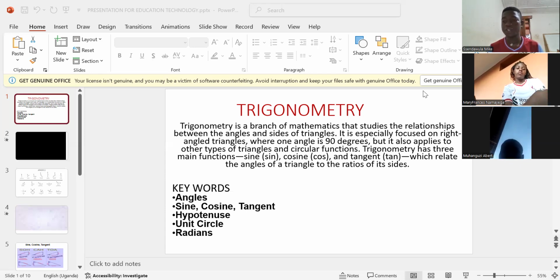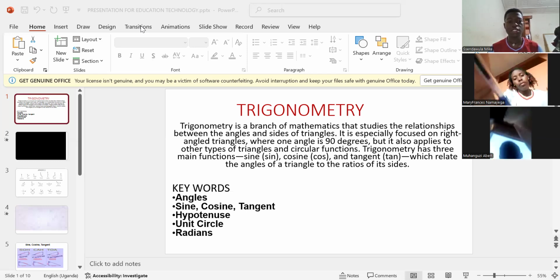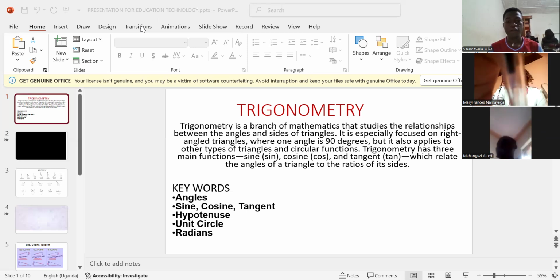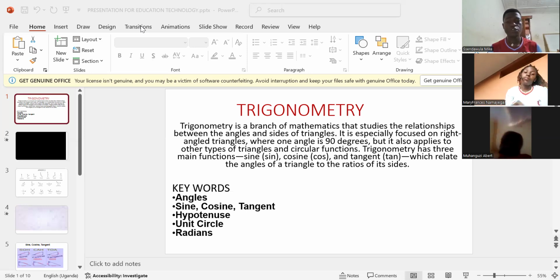So trigonometry is a branch of mathematics. That is the first thing. I think we all know that, and we've done some research. We have seen trigonometry or some trigonometric functions.